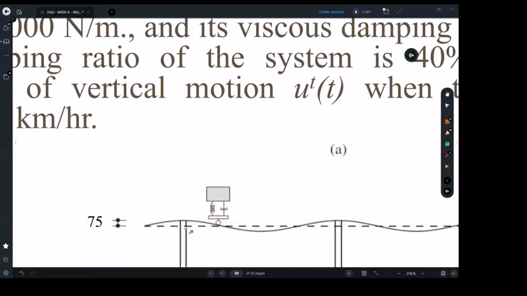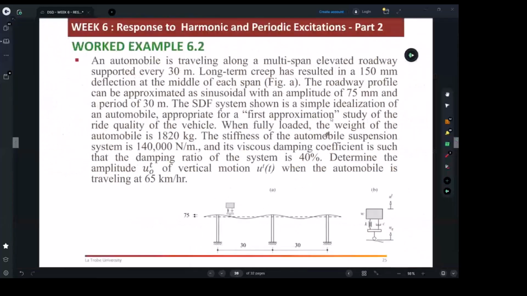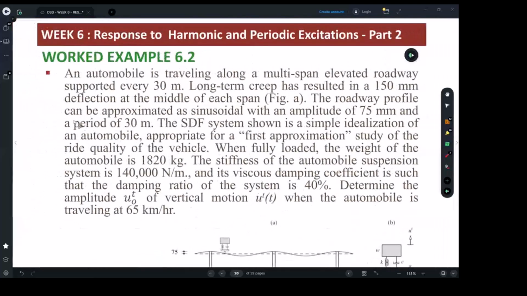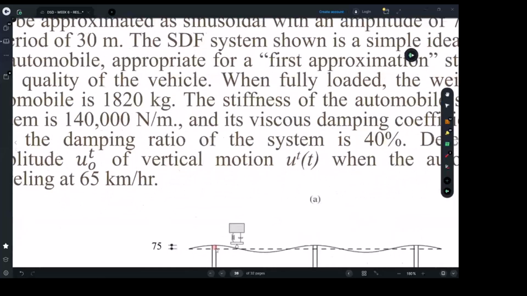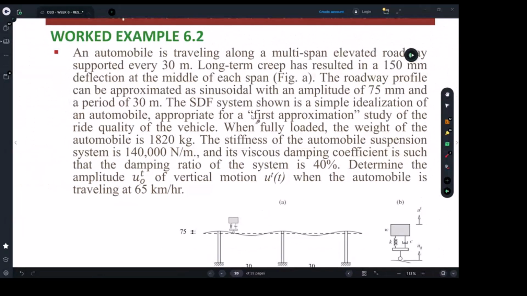Because you've got 75 at the support and you've got another 75 at mid-span. The roadway profile can be approximated with a sine function with an amplitude of obviously 75, because of what we talked about.